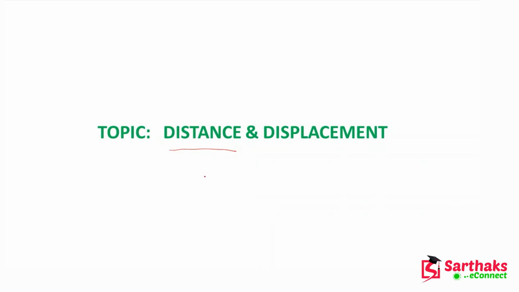So distance means you are covering some length, right? But displacement, whenever you are talking like this, yes, I am moving 4 meter towards north, then I am moving 3 meter towards south, then this is the displacement, right? So this distance and displacement we will study today very well.